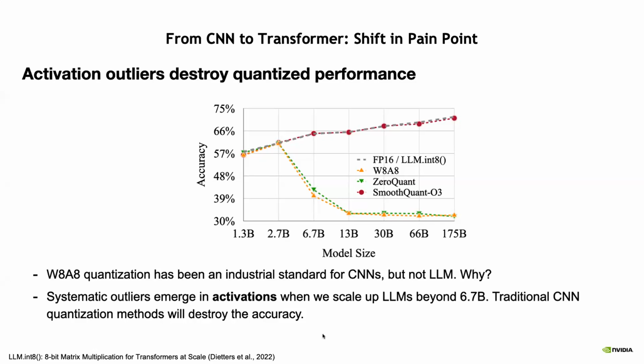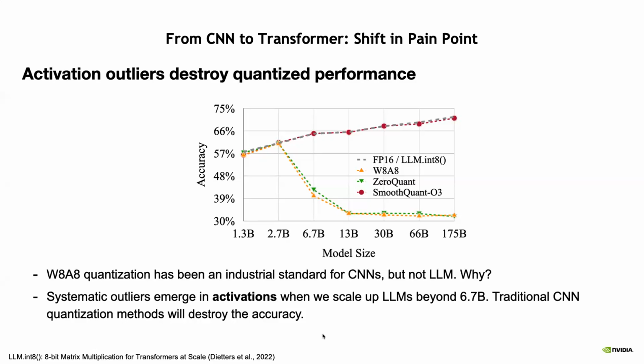If you look at the upper part, which shows the model size as we scale up these large language models versus the corresponding performance, we indeed observe the conventional way of doing quantization is no longer working after 7 or 8 billion parameter checkpoints, which means we need some kind of smarter way of doing that.